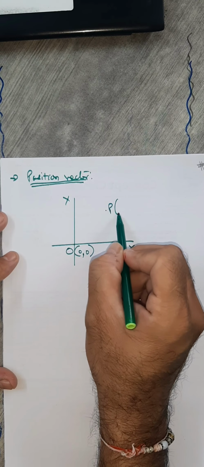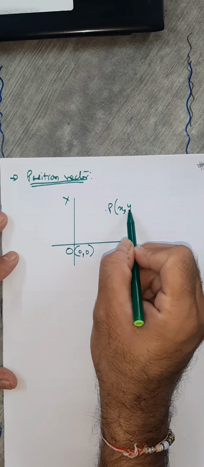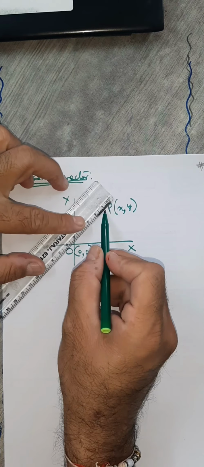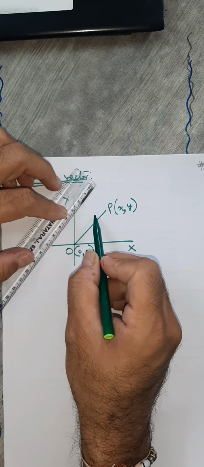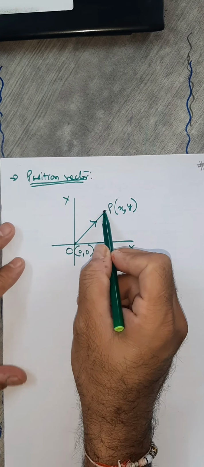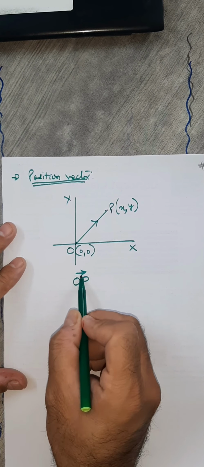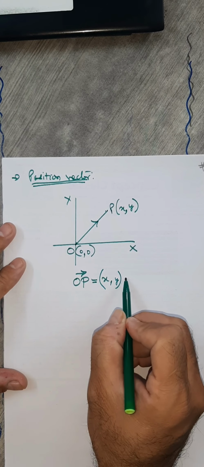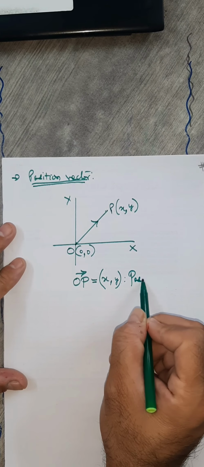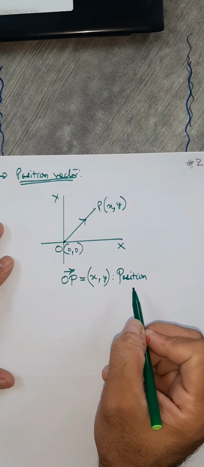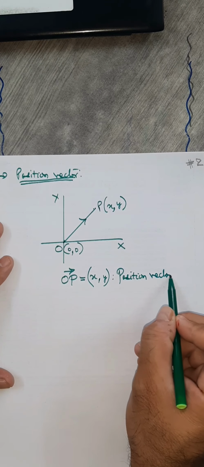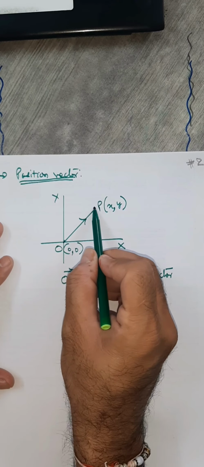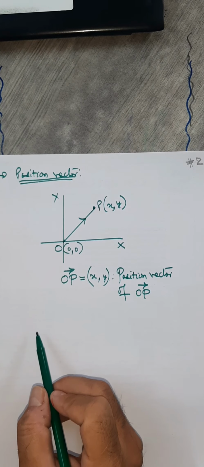Suppose I have point P here with coordinates x comma y. If I join like this, this is nothing but vector OP. It starts from the origin, and it equals x comma y. So this is nothing but the position vector of the given vector OP. Indirectly it is this minus this, remember.